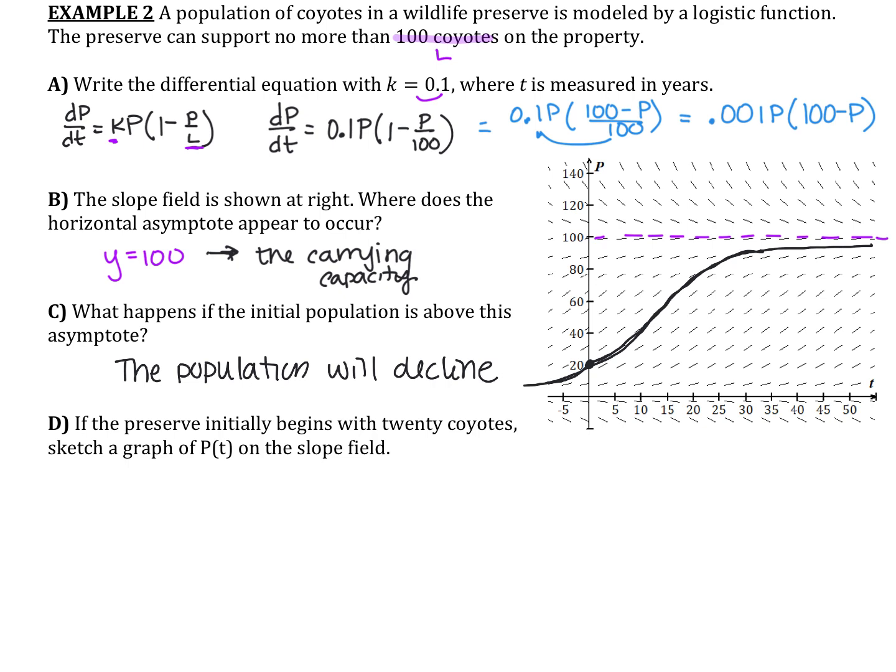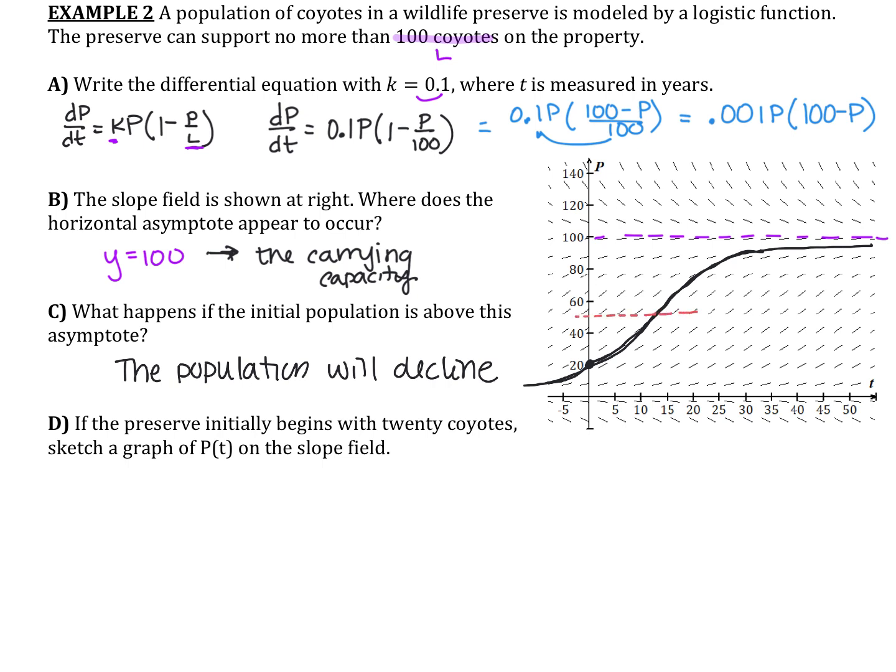Could you tell me, this wasn't asked, but could you tell me where you think approximately the rate of change of this population of coyotes would be the quickest or the highest? Well, the rate of change of the population of coyotes will be the highest when the population is 50. So let's look at 50.